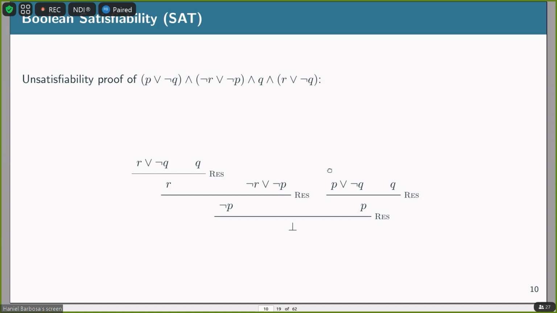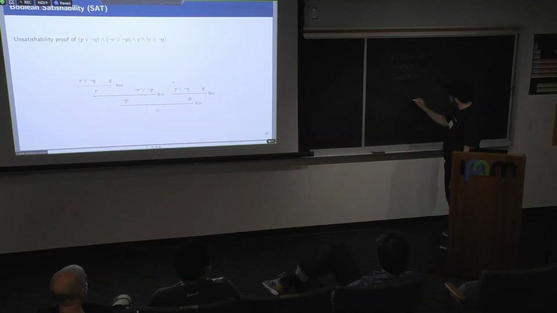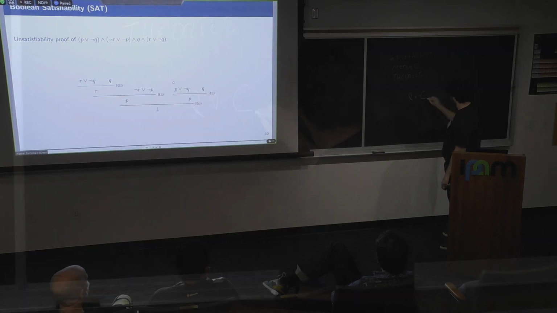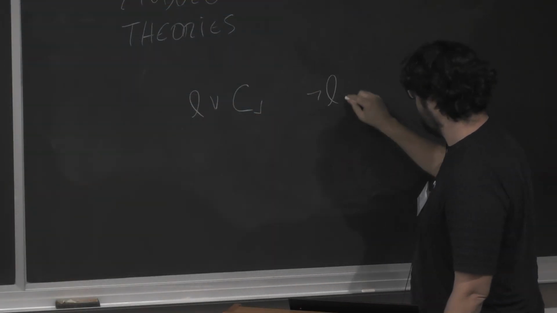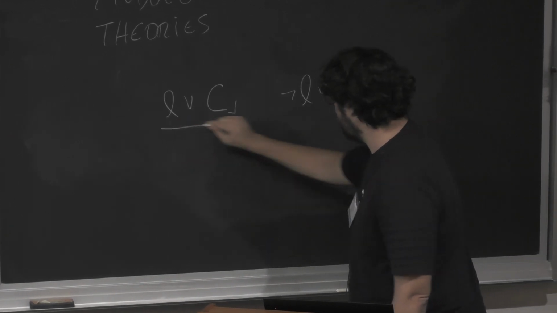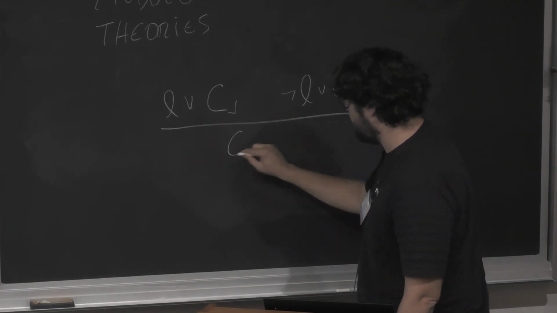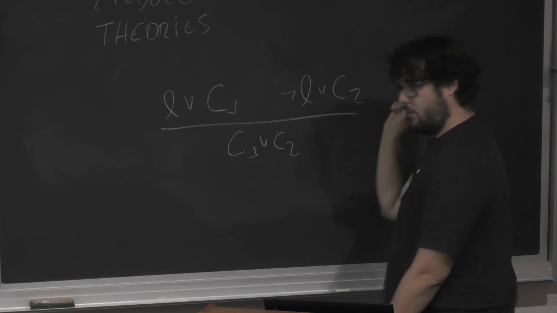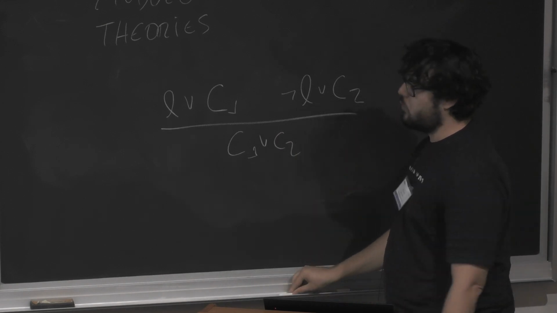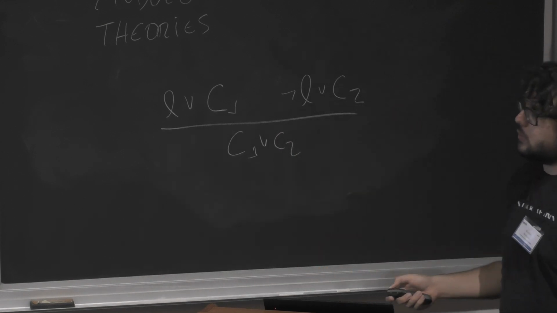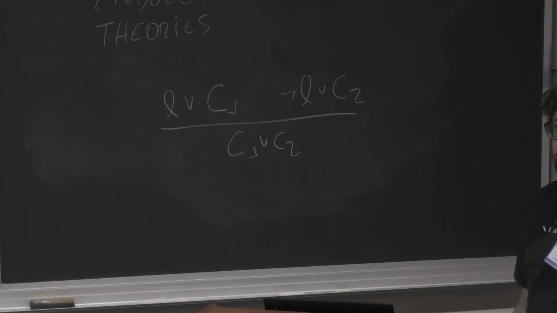The resolution rule is that if you have this and this, it's valid to infer this. That's the resolution rule. So with this rule, you can build proofs for propositional logic. This rule is enough.